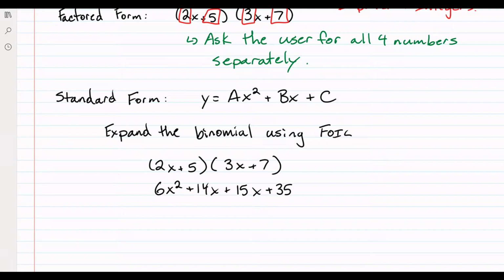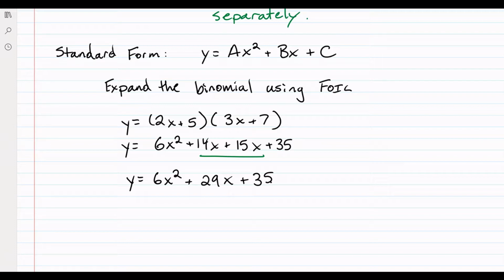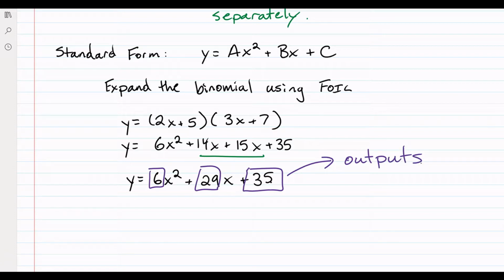Then we can collect like terms in the center, so 6x² + 29x + 35 would be my standard form of that particular quadratic. There are 3 numbers we would need to get: the number in front of the x², the number in front of the x, and the constant term. Those are going to be our outputs for the problem.